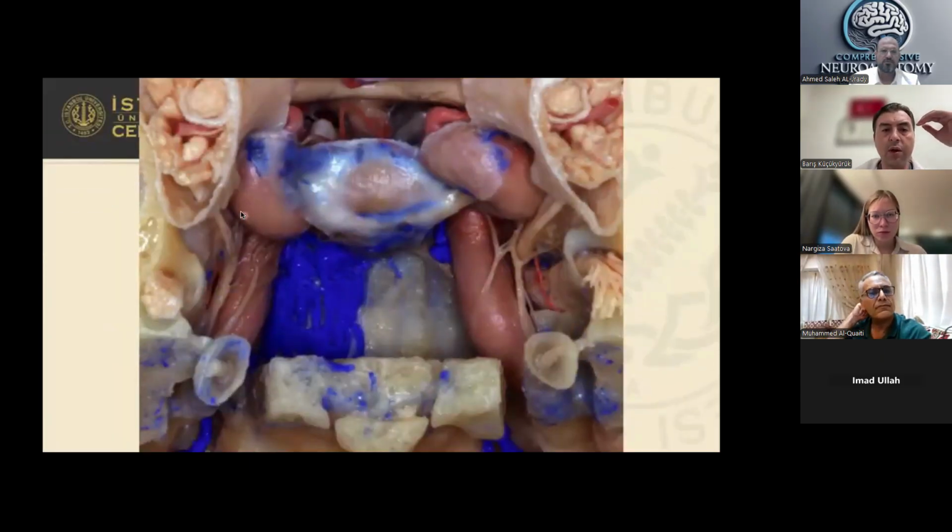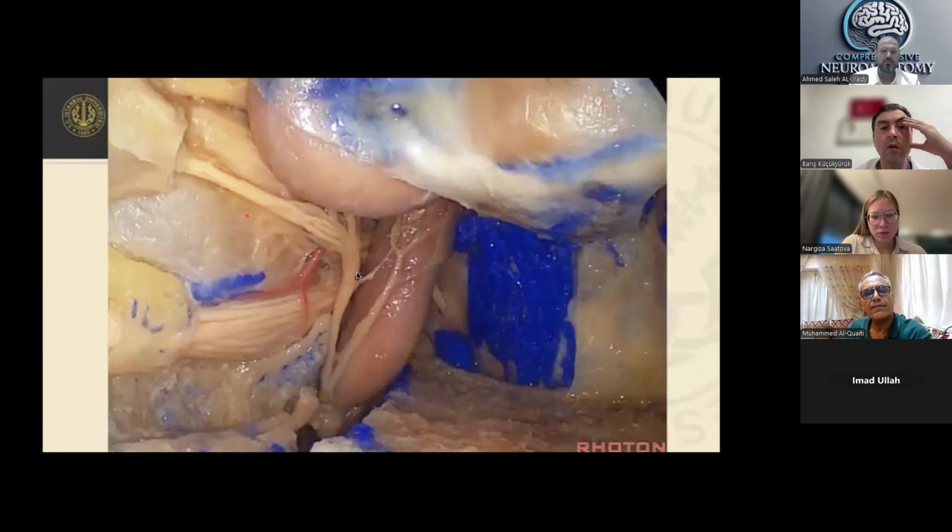Now we're going to focus on the right side. When we go a little bit closer, we see the anteromedial triangle and anterolateral triangle between the first and the second divisions of the fifth nerve, and we don't see the third division here, but this triangle is located between the second and the third division of the fifth nerve.